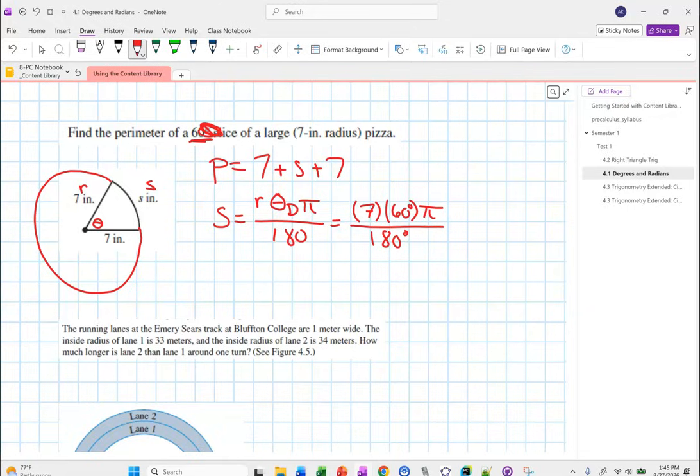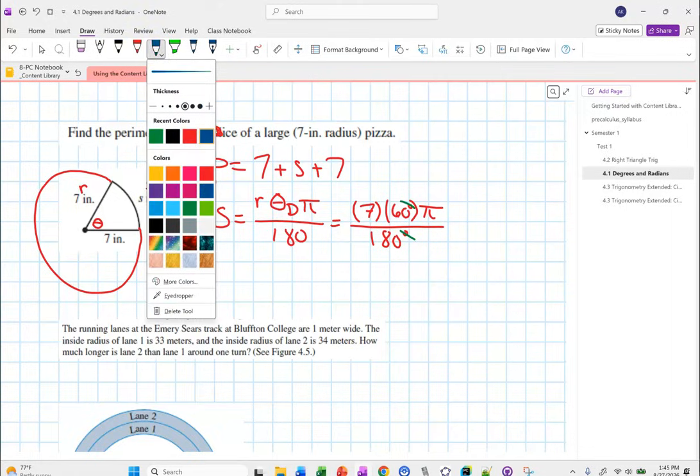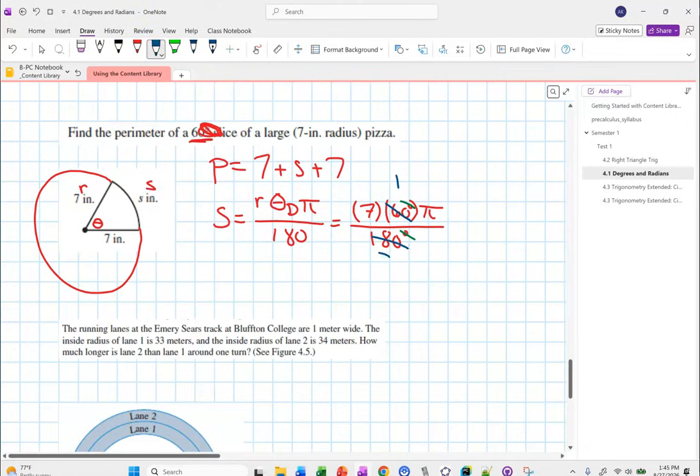Everybody's okay? Degrees cancel. Let's reduce here. I notice that 60 goes into 180 3 times. Everybody's good there? Yeah, 3 times. So I'm left with 7 pi over 3.